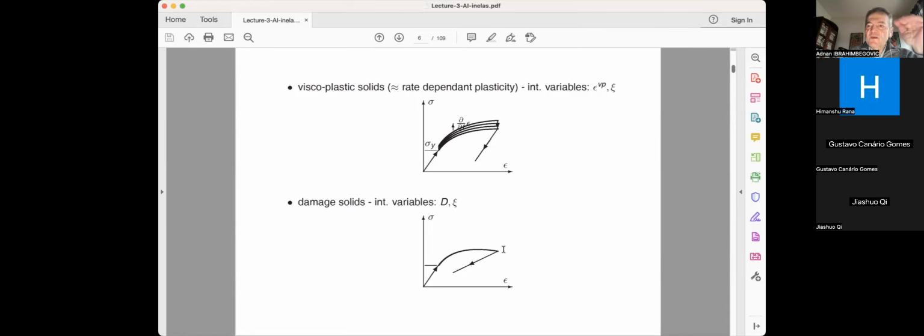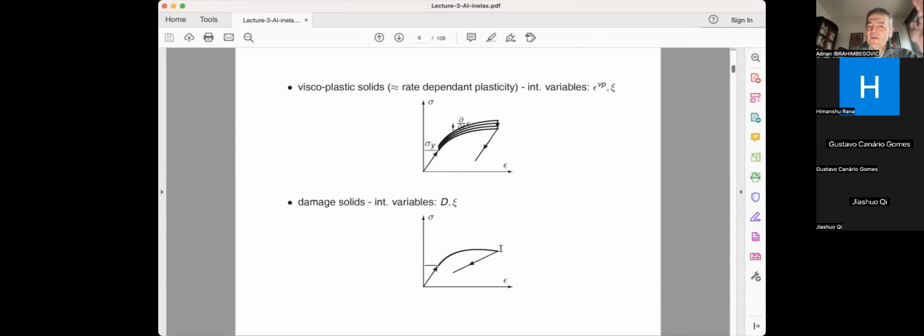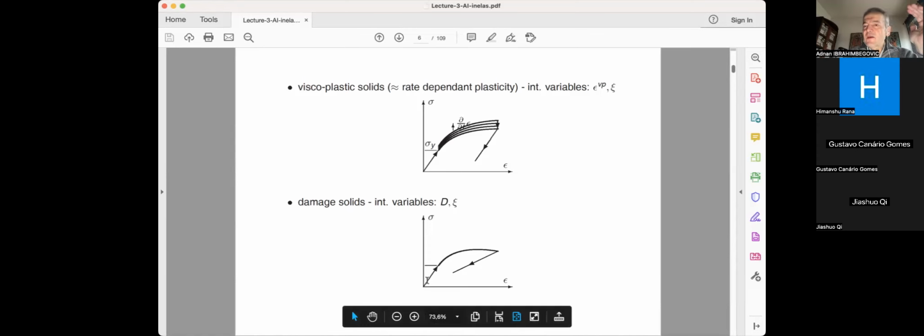And then once you say, okay, enough, I want to start unloading, contrary to plasticity, we unload in the direction of the elastic response. Here you unload in a way that brings you back to zero strain and zero stress, but the path you follow when you're loading and the path you follow when you're unloading are no longer the same.